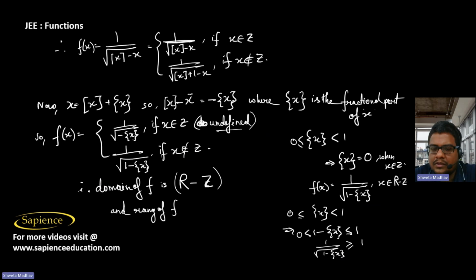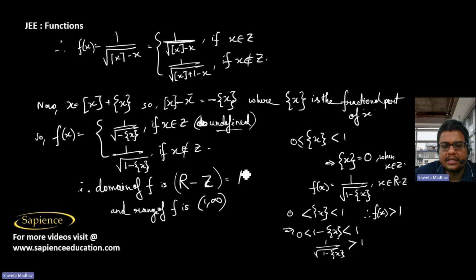Actually, since x belongs to R minus Z, the fractional part of x can't be 0, so 0 is not included here, and 1 also should not be included. Therefore the function f of x will always be greater than 1, so the range of f is 1 to infinity.